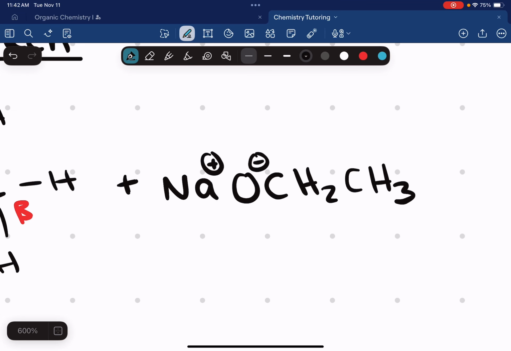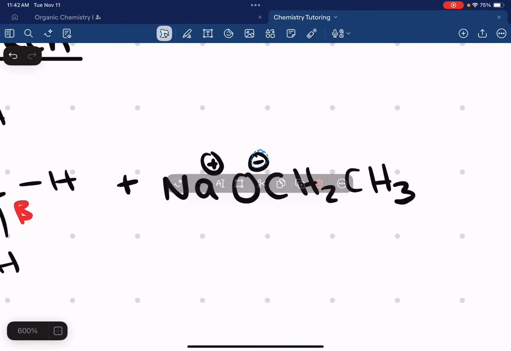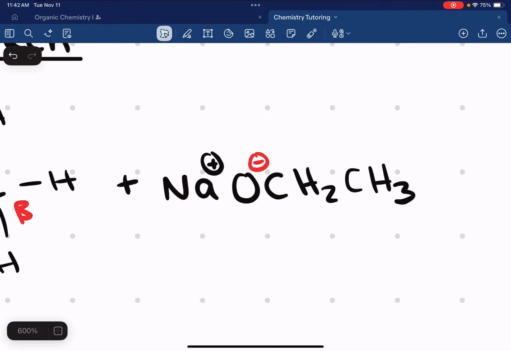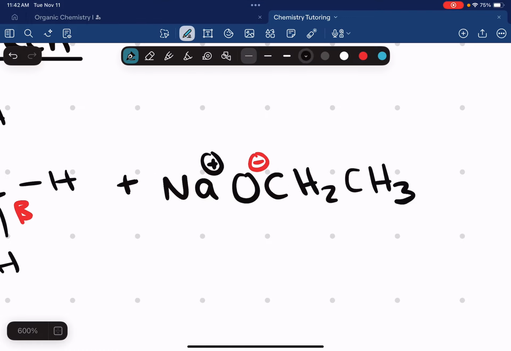It doesn't like being negative charge. That's unstable. So negative charge, here, let's make it red so it pops out a little bit more. Negative charge is kind of a giveaway that it's a strong base. So oxygen really has these lone pairs now because it's not actually bonded to the sodium. Is Na sodium? Yeah.